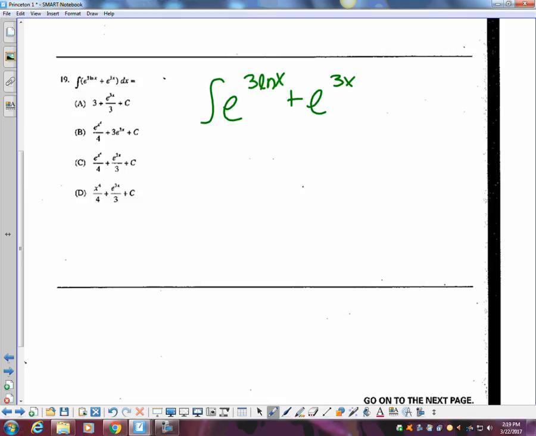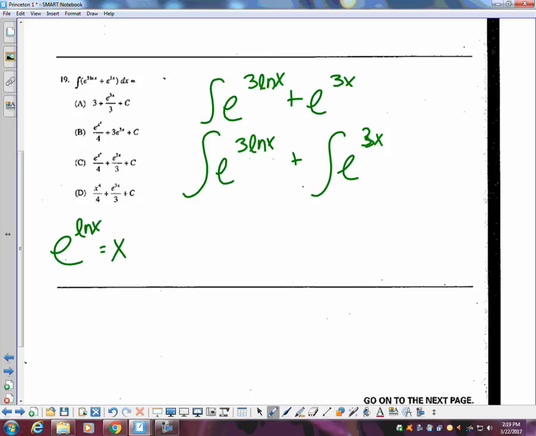Okay. I'm going to separate these into 2 separate integrals. I know that's how you think about them anyway. This first guy, there's some rule about e to the ln of x is just x.